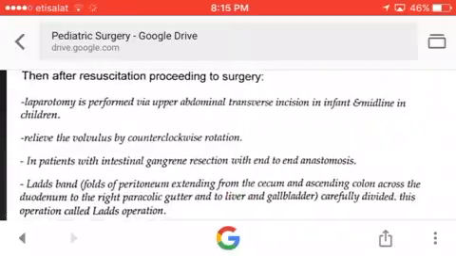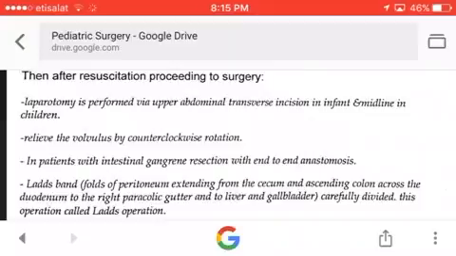Laparotomy is preferred via an upper abdominal transverse incision in infants and midline in children. Relieve the volvulus by counterclockwise rotation.